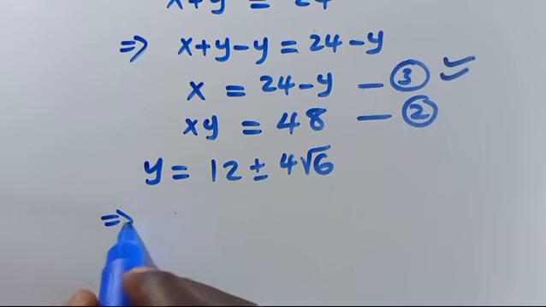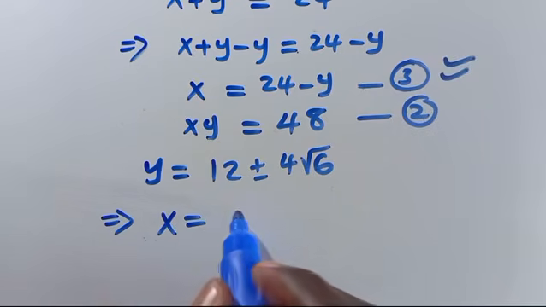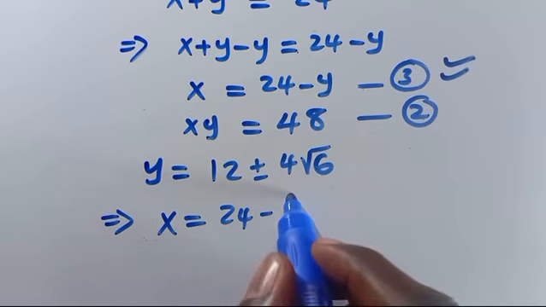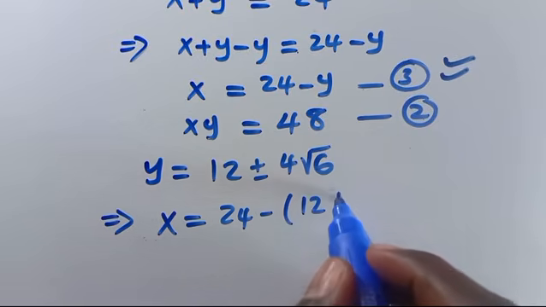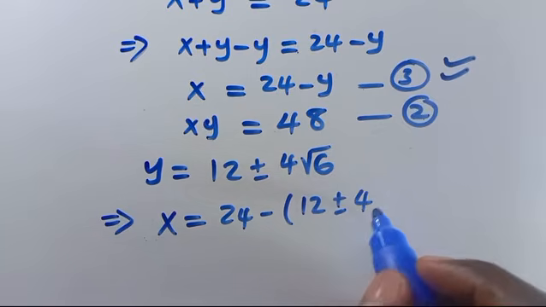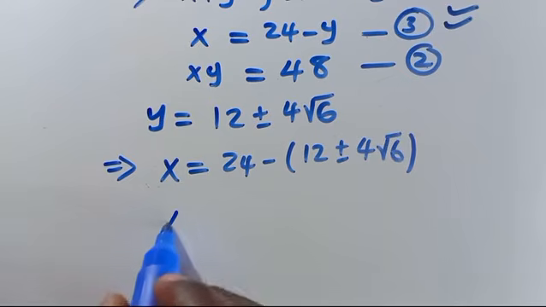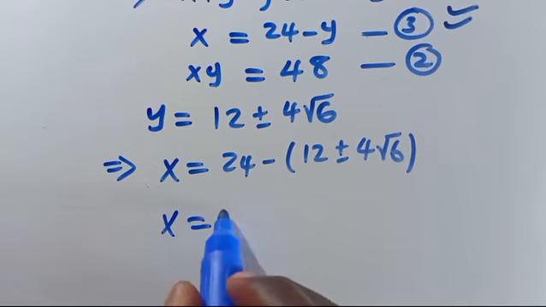So we can now have x as 24 minus open parenthesis 12 positive or negative 4 multiplied by root 6.